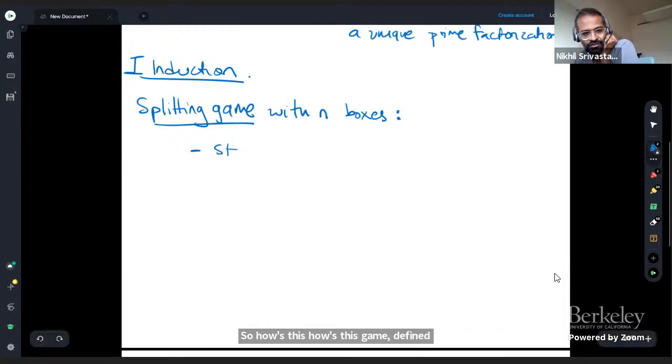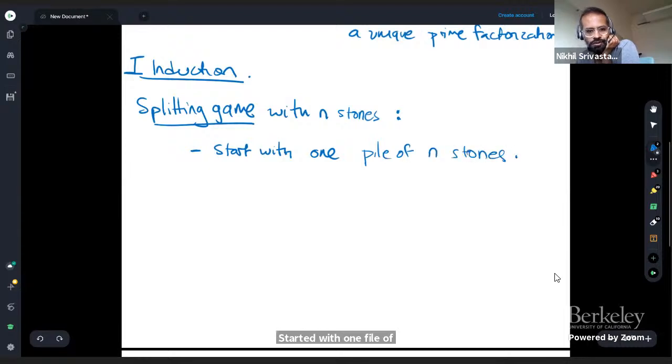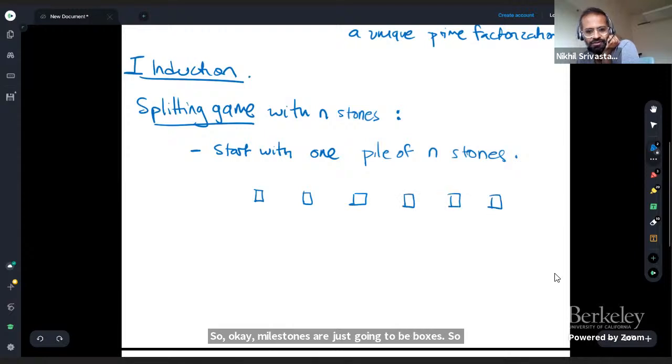You start with one pile of n stones. I think in the book it's described in terms of stones, so let's call them stones. But my stones are just going to be boxes. Here, for example, are 7 stones.